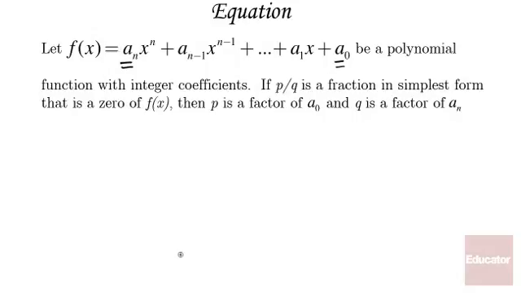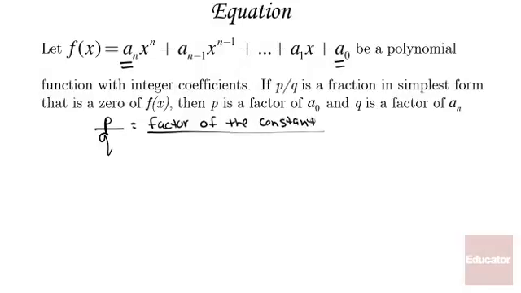So let's think about what this is saying. P over q. Here, p is a factor of the constant. So the numerators of all the elements of the list that we're going to generate consist of factors of the constant. The denominators can consist of factors of the leading coefficient.